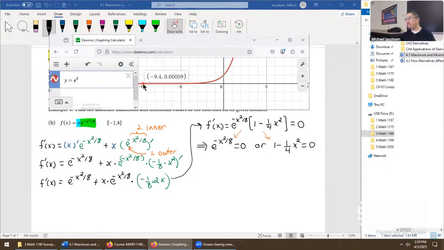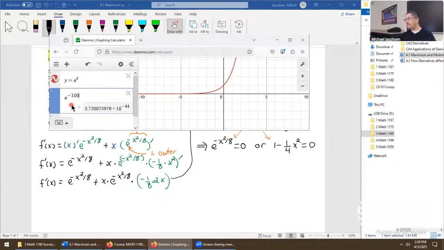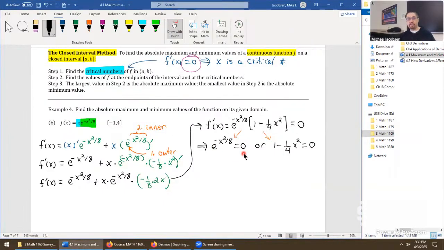No number you put inside here directly results in 0 whatsoever. And you could really try, go e to the negative 100, for example. Even at the power negative 100, this is what you get, 3.72. Notice the order of magnitude on the scientific notation, really small number, but it's still positive. So back over here on this equation, what I would say if I saw this, I would just write in no solution.